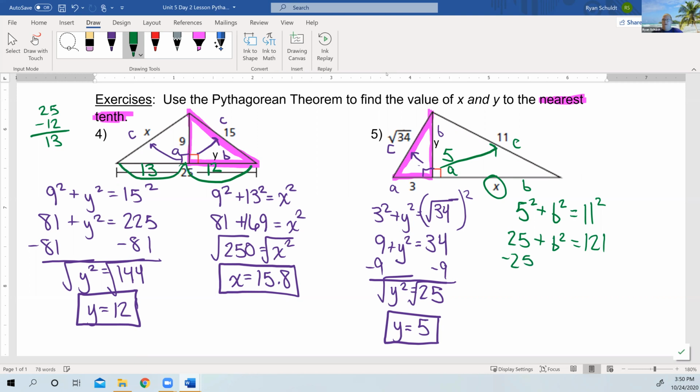Let's subtract 25. We're going to get b squared equals 96. Square root it. Since we round to the nearest tenth, we'll get that b is equal to 9.8.